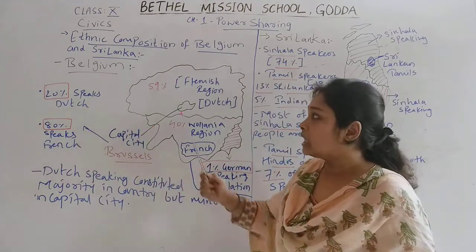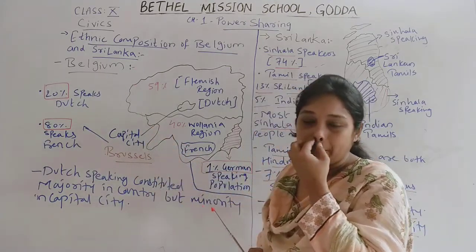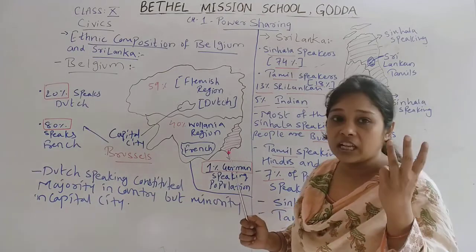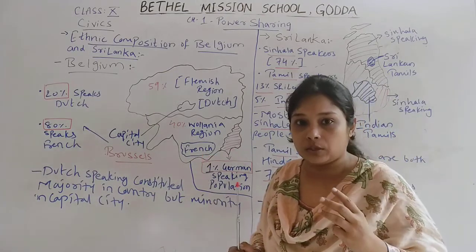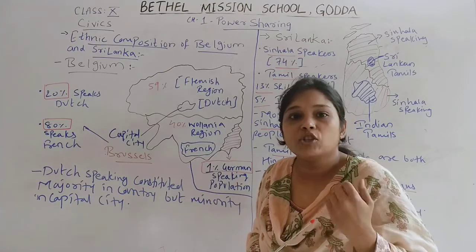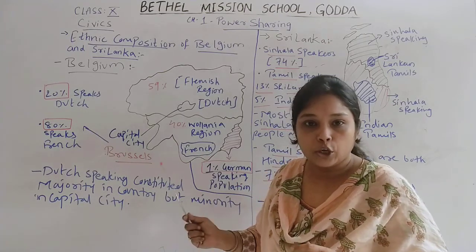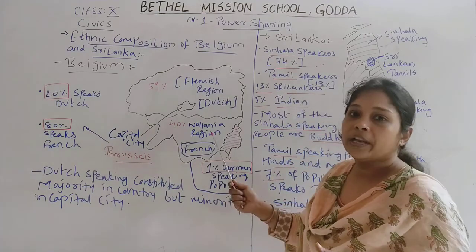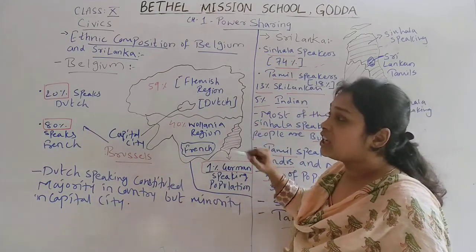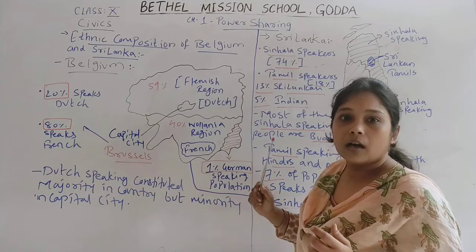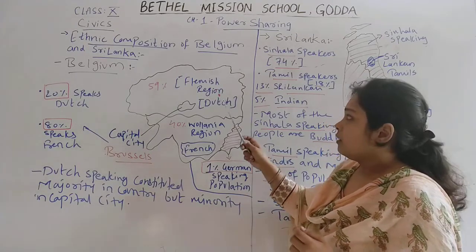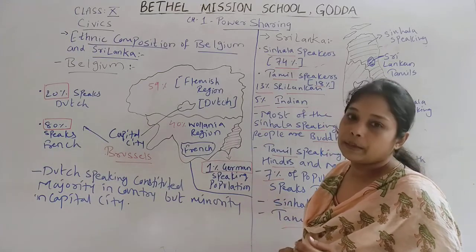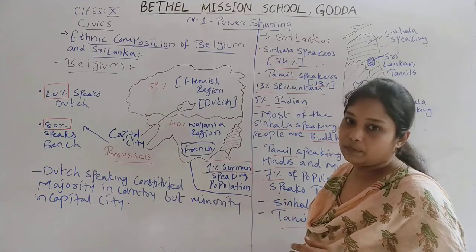First we will see the ethnic composition of Belgium. In Belgium there are 3 ethnic groups, divided on the basis of the language they speak: Dutch speaking people, French speaking people and German speaking people.